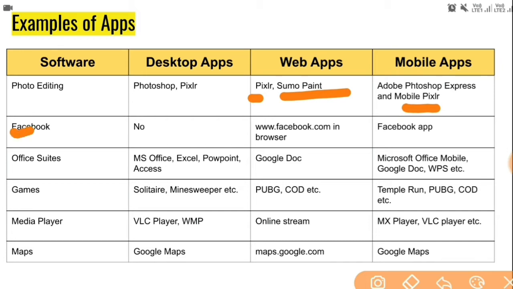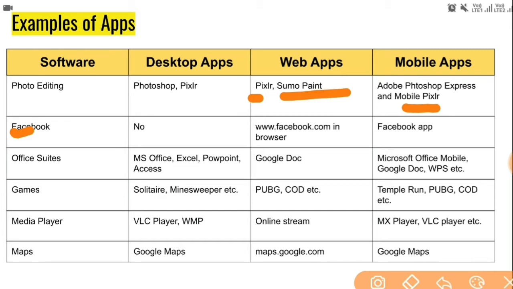Now the next one is Facebook. Facebook is a vastly used social media site. It does not have any desktop app, but you can use it in the browser because it is a web app. It is just a website. So for using the website, you can use any web browser.